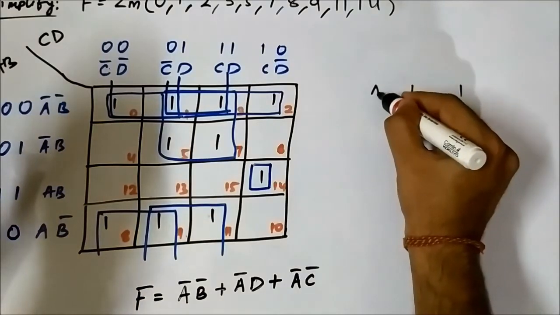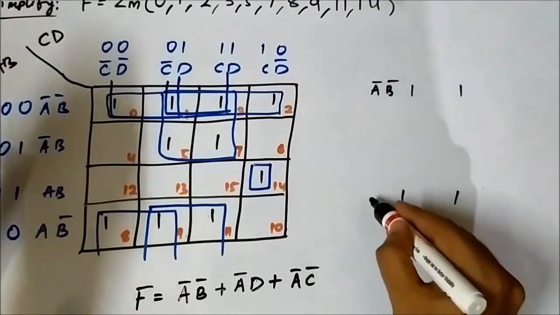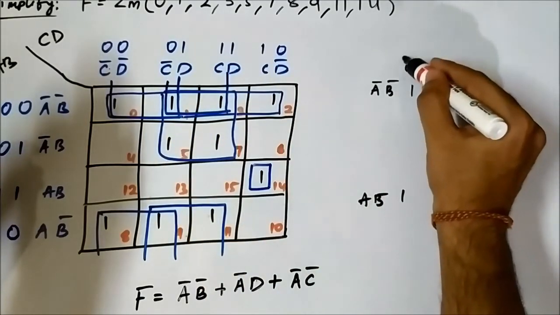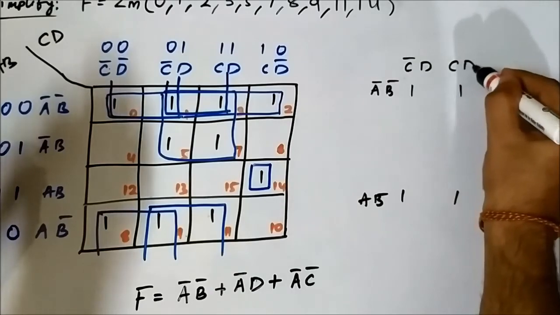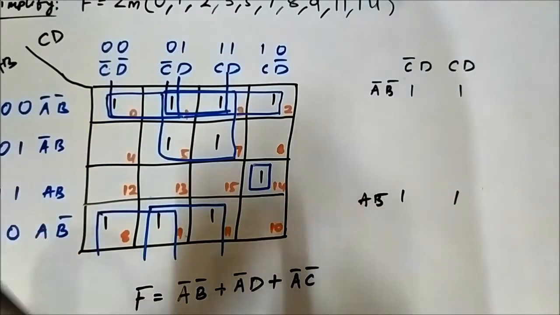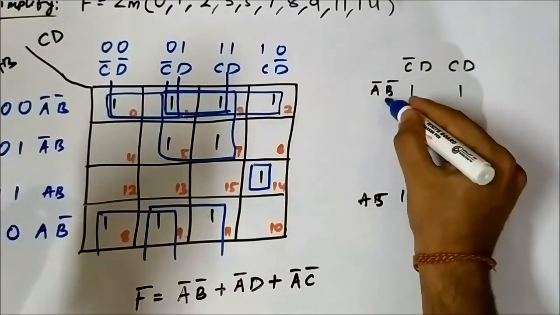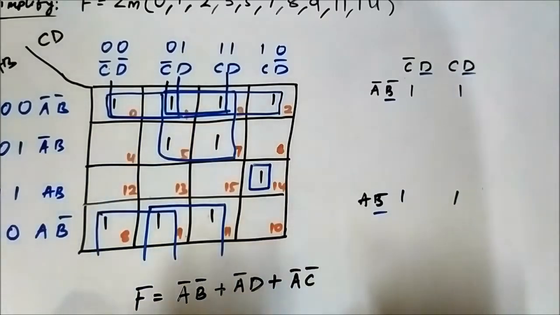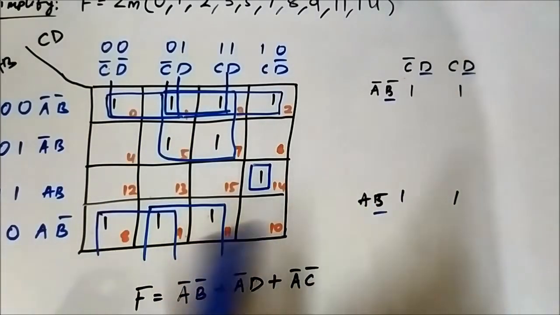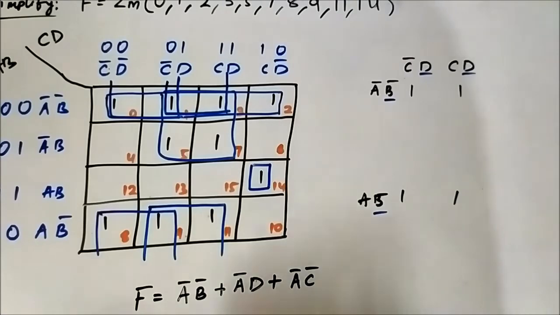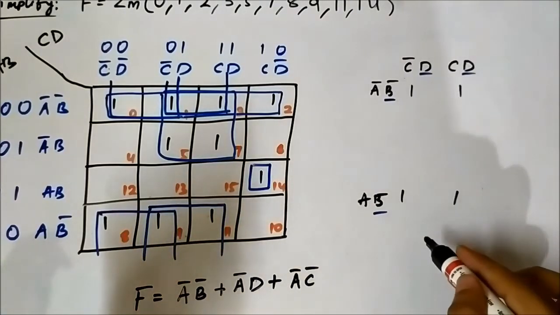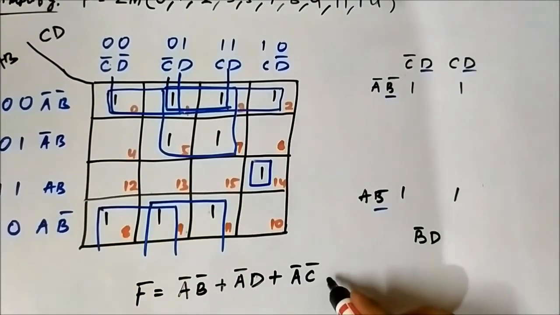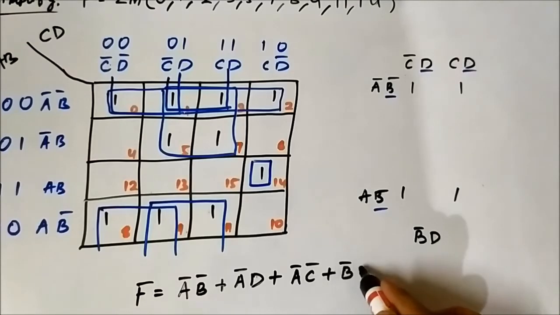A bar B bar, A B bar, C bar D, C D. So here in the horizontal side we have B bar common, and the vertical side we have D common. So the common set of variables will be B bar D. So B bar D will be part of the simplified Boolean expression.